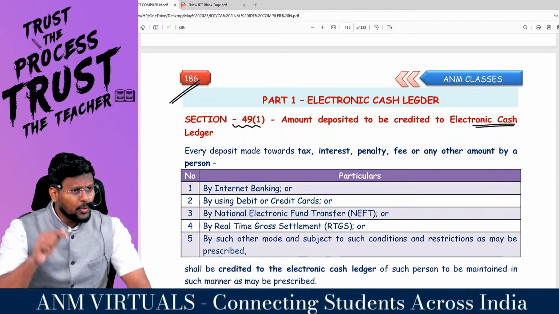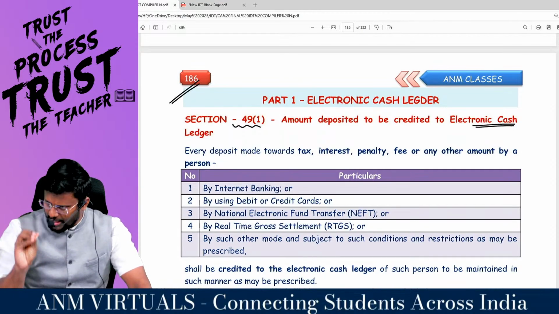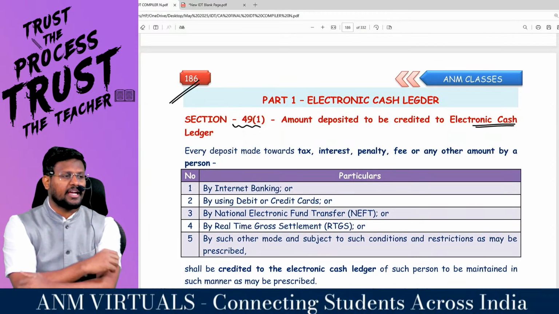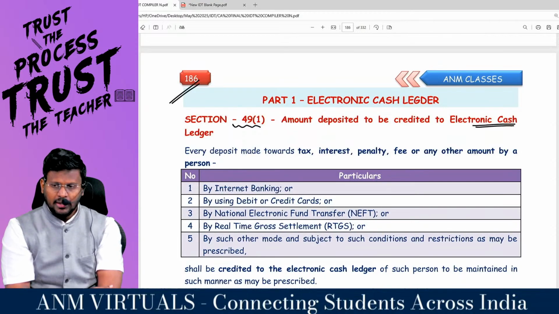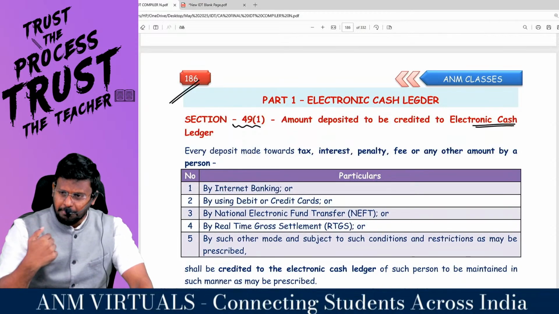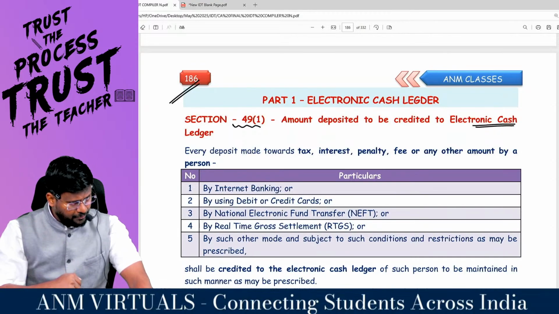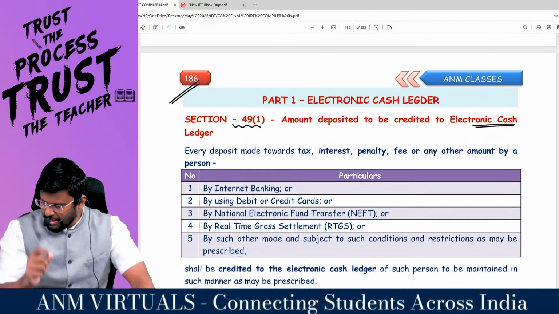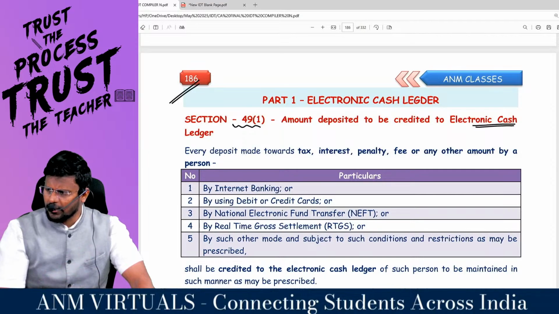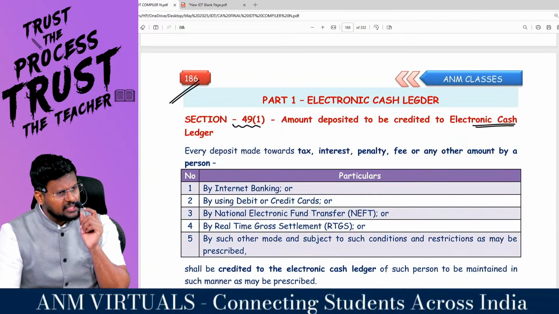So my money is now with the government. When you pay that 5 lakh, it will go and sit in the electronic cash ledger. Sir, that 5 lakh, my money, is with the government. It is my asset, whereas it's a liability for the government. Right, sir? Liability means always a credit balance.